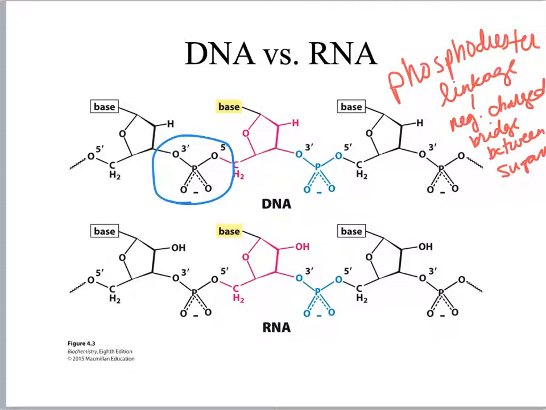And it has that phosphate that's involved in that structure. Now that negative charge is going to be key to the stability of the overall structure, because the charge is going to repel and prevent nucleophilic attack on that phosphate backbone. So that negative charge is going to help reduce the risk of hydrolysis. And this is in both DNA and RNA.